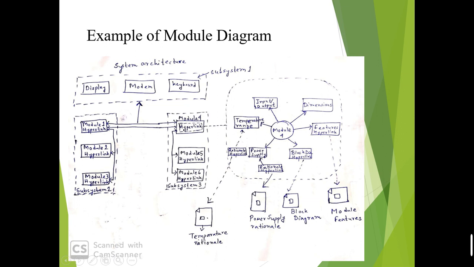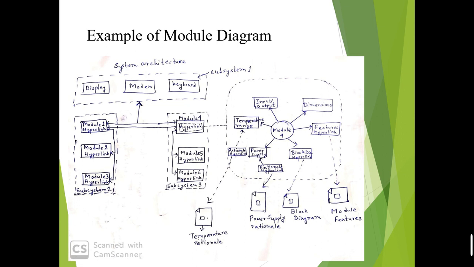So again in module 4 also you have the hyperlinks of power supply, temperature range, block diagram, module features. So that means module diagram means you can get the entire details with the help of the hyperlink of any kind of module. That means you can get the idea of the entire system architecture.